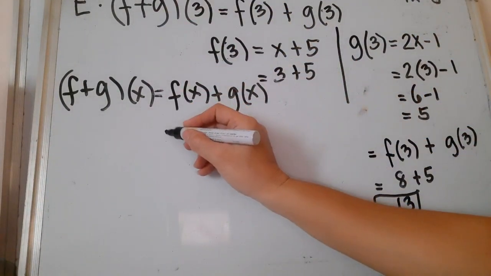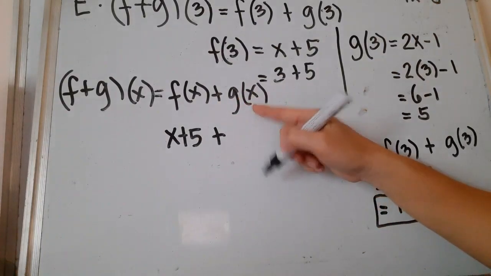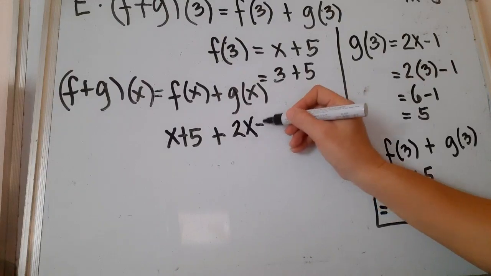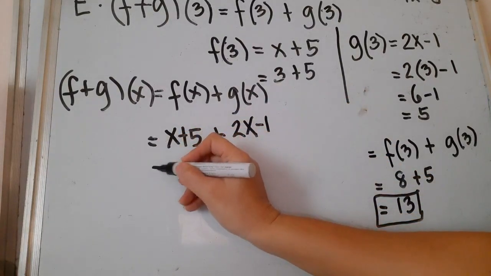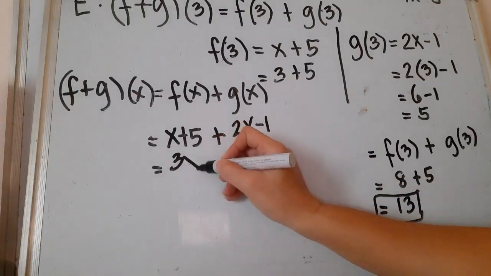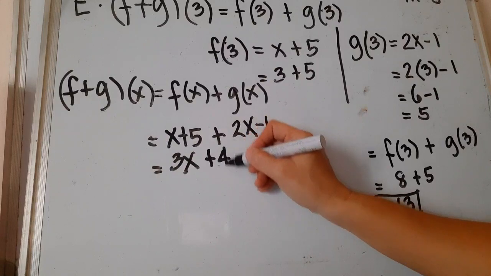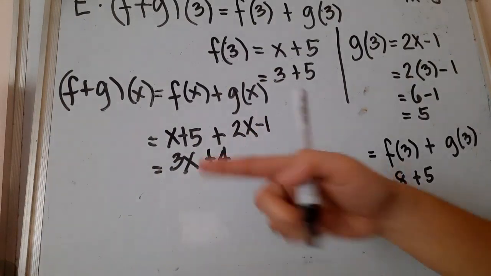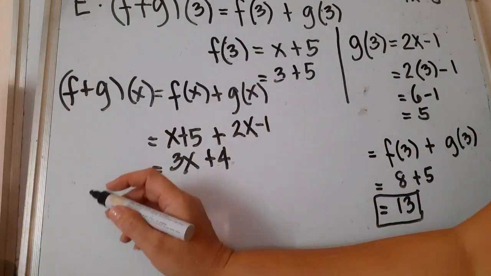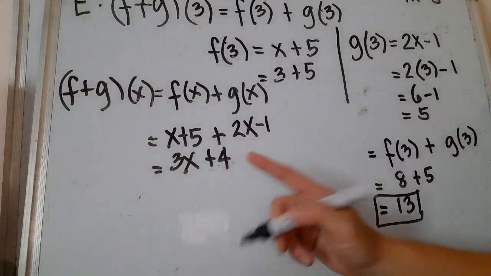Substituting it here, you add them first, f of x plus the g of x, which is 2x minus 1. Combining like terms, x plus 2x will give us 3x. 5 minus 1 will give us positive 4. We have now the value of f plus g of x, which is equal to 3x plus 4.